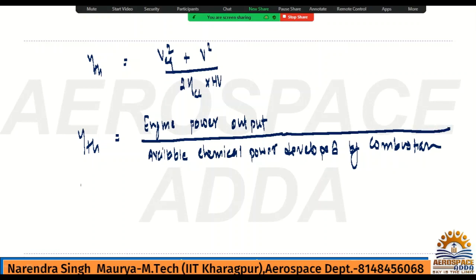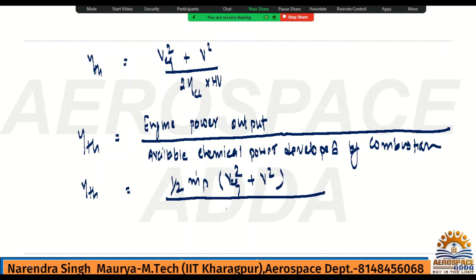So in words also you now have the formula and how it comes. This engine power output is nothing but 1 by 2 m dot p into V equivalent square plus V square, divided by the available chemical power, which is nothing but eta cc into m dot p.